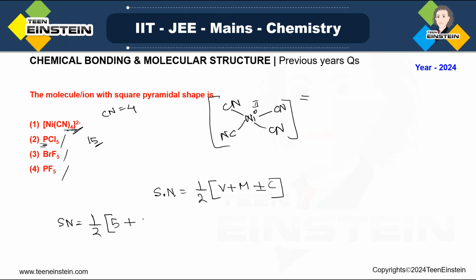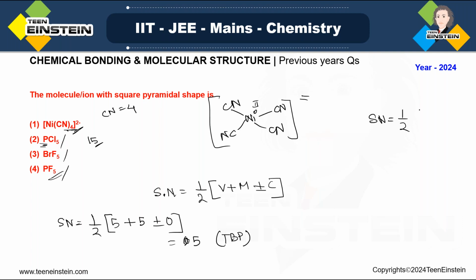So that is why it will be 5 and this part is 0. So 5 plus 5, it is 10, half of it, we are getting 5. So when steric number is 5, it will have trigonal bipyramidal structure. So it is not square pyramidal. Fine. And the same is also applicable for PF5 because the calculation will be same. Now what about BrF5?